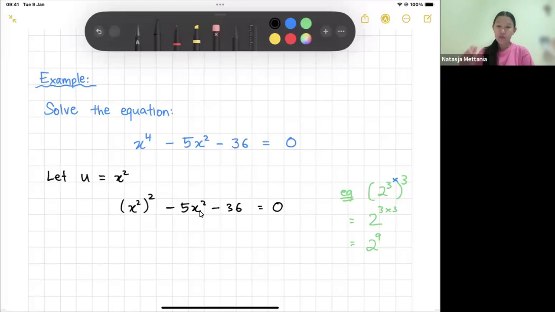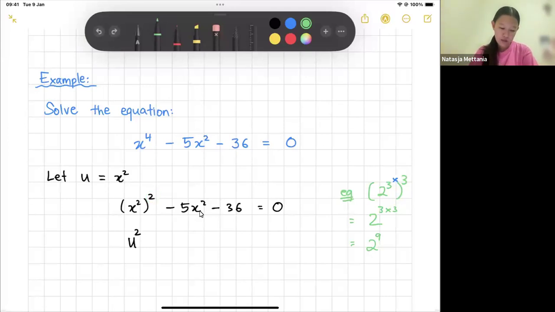All right, so I've broken it down to x squared. What I'm going to do now is substitute wherever x squared is as the letter u. So this one here is the letter u, and I'll put it as u squared. How I got the squared is from that 2 outside of the bracket.